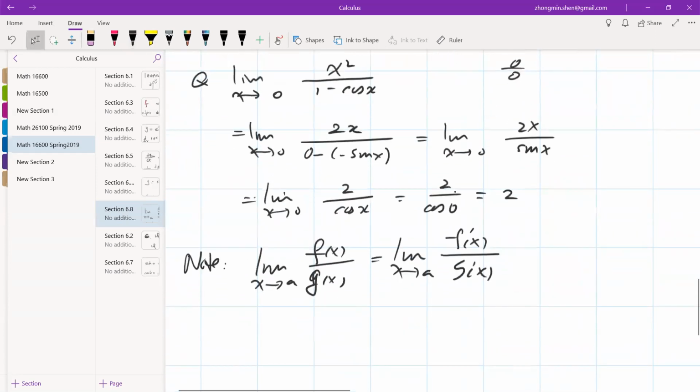In this formula, A could be plus or minus infinity. It's not necessary to be finite.